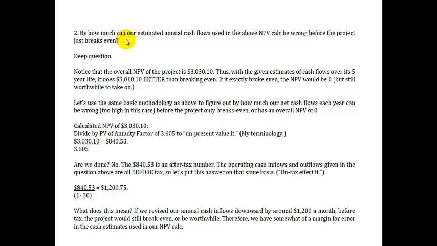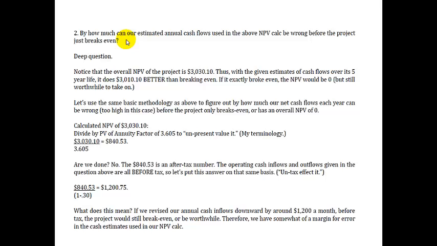Going back to this idea that all of our cash flow amounts are really estimates, would you want to take a chance on a project that's inherently based on estimates? So you want to have some sense of how wrong you can be before it really starts to matter.